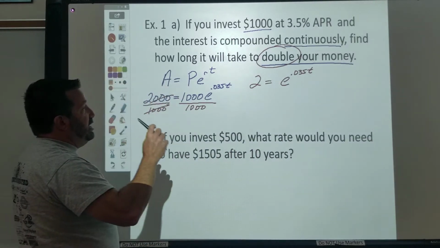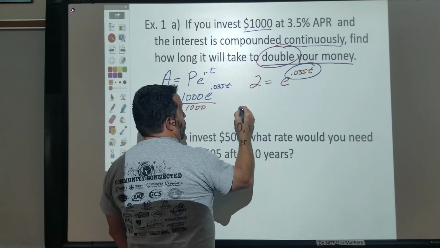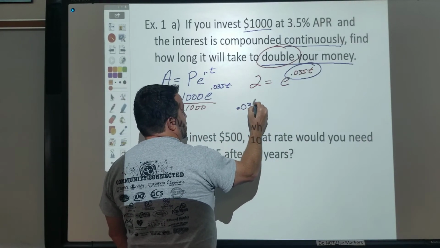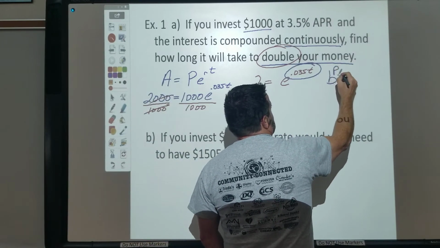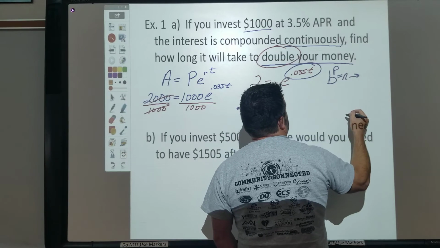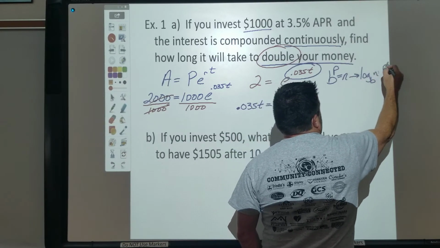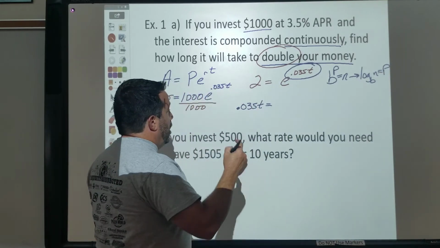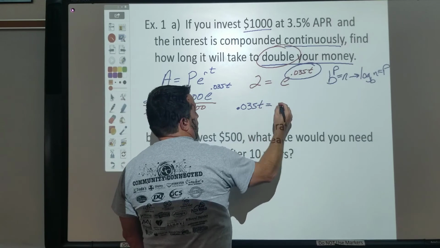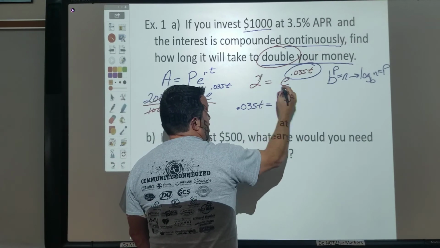Now, I need to get this variable out of this exponent. So I'm going to take the exponent, and remember, I'm taking base b to the power equals n. I'm transforming that into log base b of n is equal to that power. So I can take that exponent by doing log base, whatever this base is, which is base e, of 2.